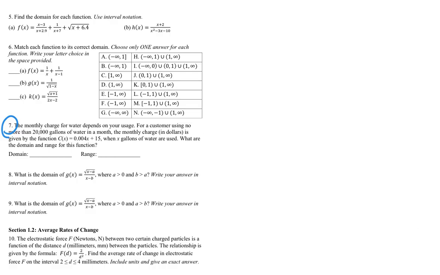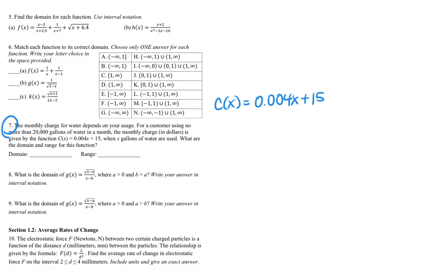So C of x equals 0.004x plus 15. And so the one thing we have to think about is, first of all, this is a linear function. So in general, for linear functions, the domain is all real numbers and the range is all real numbers. But here I have a certain context for what I am doing.